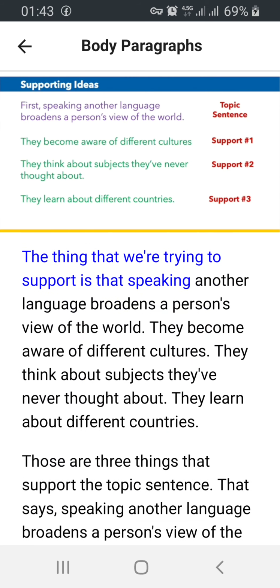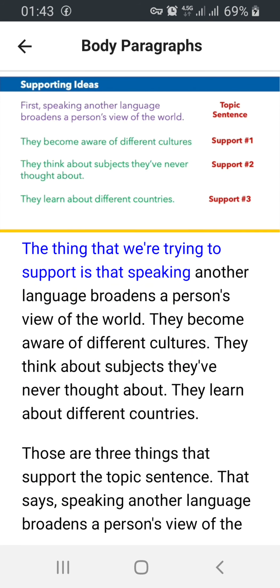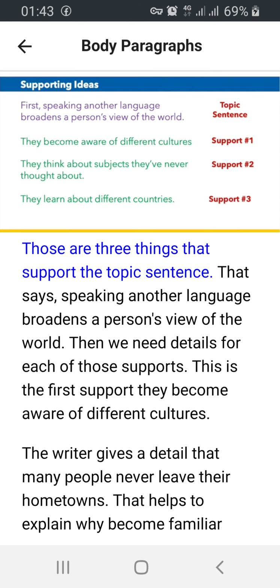The thing that we're trying to support is that speaking another language broadens a person's view of the world. They become aware of different cultures. They think about subjects they've never thought about. They learn about different countries. Those are three things that support the topic sentence that says speaking another language broadens a person's view of the world.